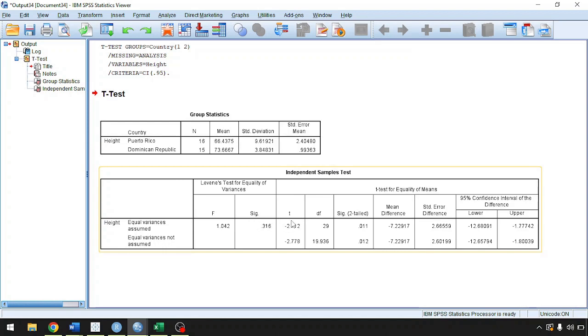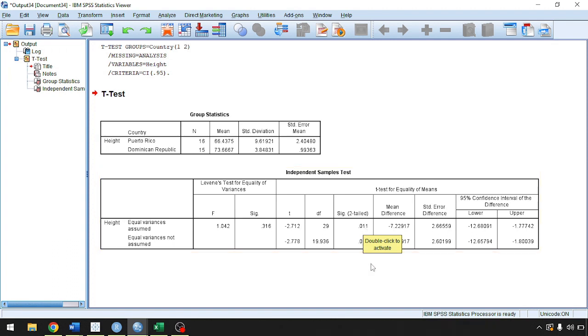We're looking for t because we are looking for the equality. We're looking at the difference of the means, not the difference of variances. So the difference of the averages. For the difference of the averages, we have a p-value of 0.011. So this p-value is below our designated p-value of 0.05.